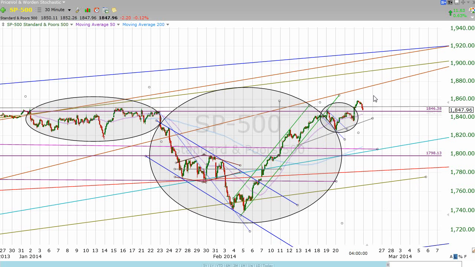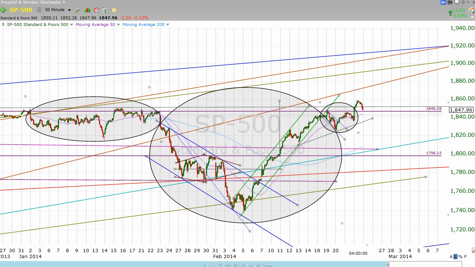And again, I would say that would come at the point at which we have a close over 1860. That's kind of a round figure, but I think that should do the trick. And like I said, the good news is once you get that sense of confirmation about where this pattern is going, it's deep enough to where it's got enough to get there.